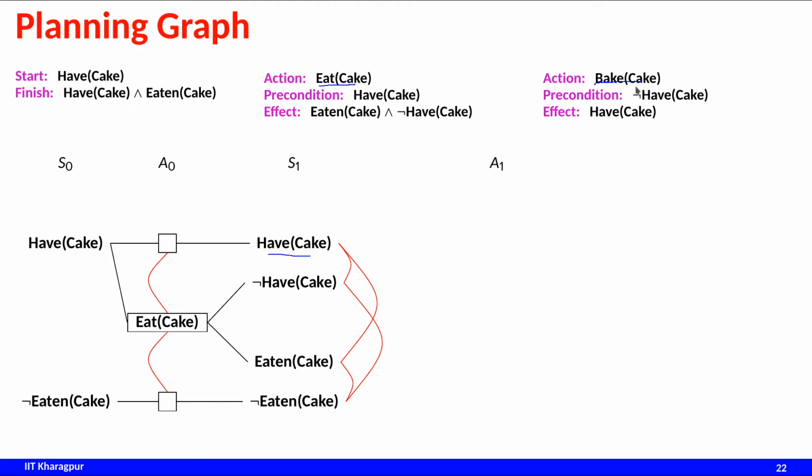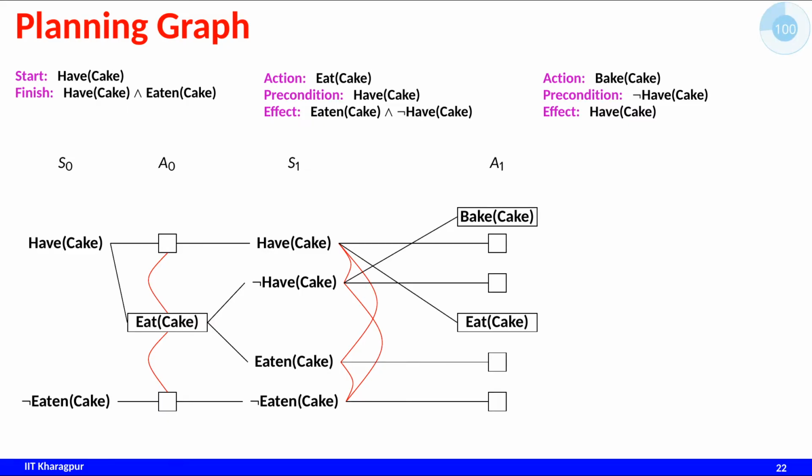I can also apply bake cake because not have cake is also true at this level. So both actions are applicable at this stage. We also need to add all four persistence actions, because they can move forward as they are. So effectively we can add two actions, and carry forward all four persistence actions.